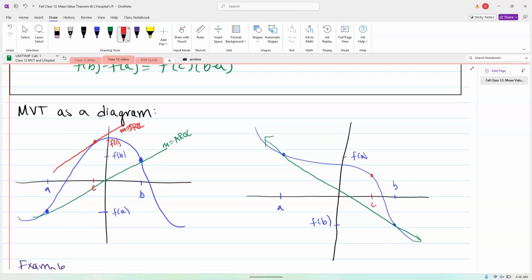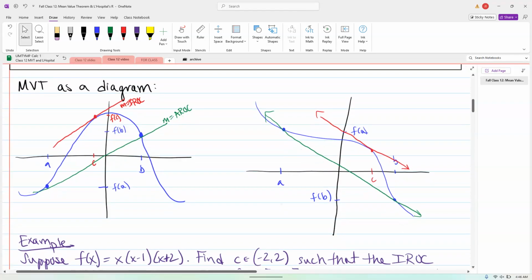So that would be our c, and then we could look at the instantaneous rate of change right there. Something like that. Again, those two lines would have the same slope, showing that the average rate of change and instantaneous rate of change are the same.